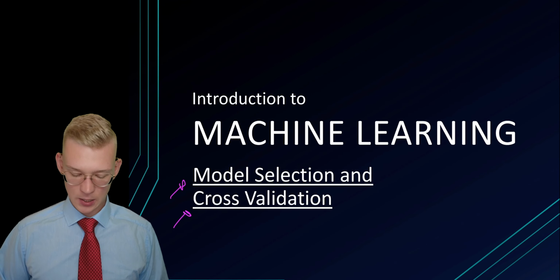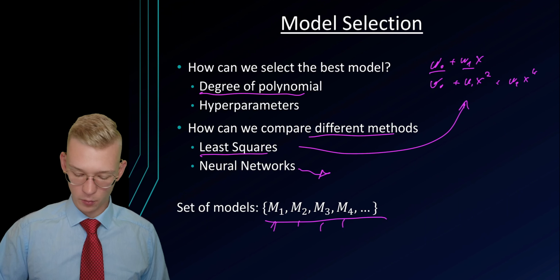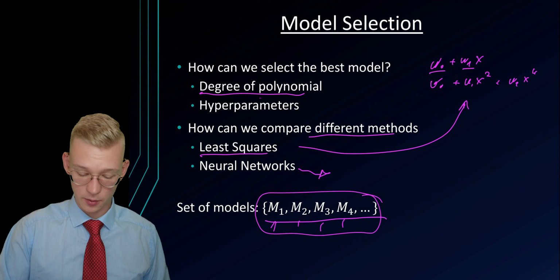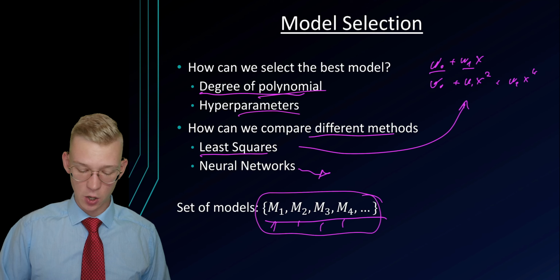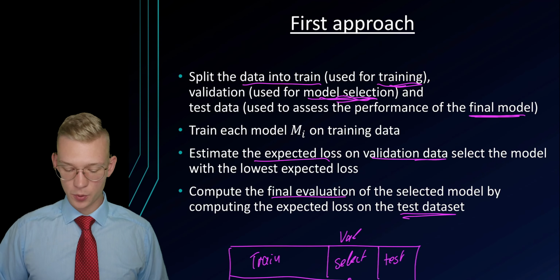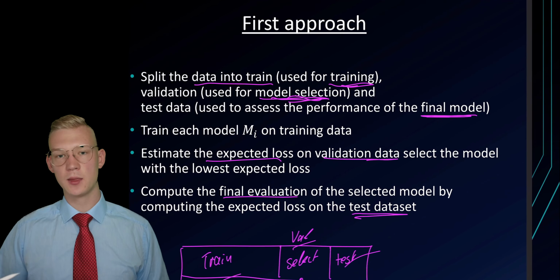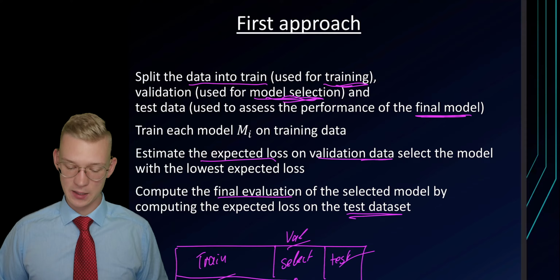So let's summarize. We talked about model selection and cross-validation. We have multiple models that can differ in the degree of polynomial, hyperparameters, or the method that we actually used. We proposed a first approach with the train, validation, and test set, but we said that this is very expensive regarding the data.